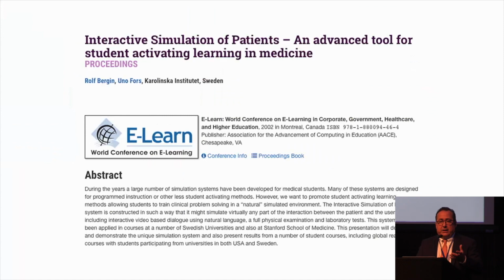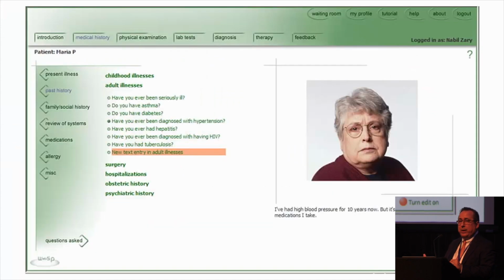But I want to admit that I wasn't the only one doing this and the only one doing virtual patients and virtual scenarios. In parallel, unknown to me, people like Uno Fors were developing clinical scenarios that I later saw were very similar to the ones that we developed. This is one of his papers that he published, and along with Nabil Zeri developed WebSP, which these were developed completely in isolation.